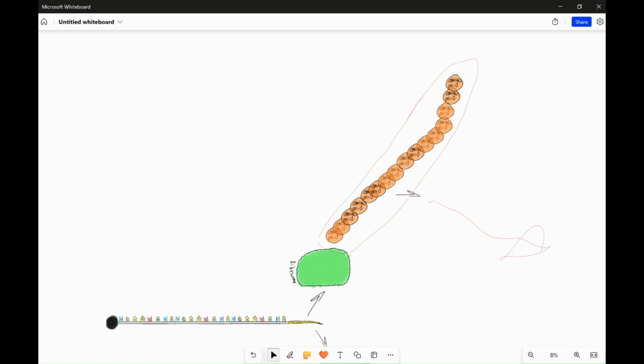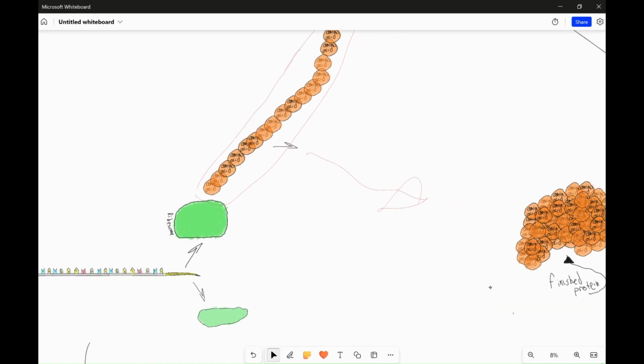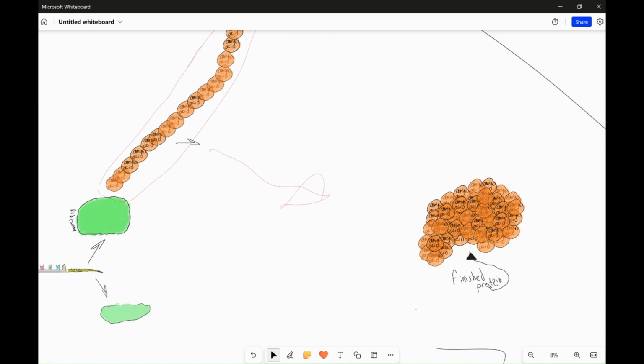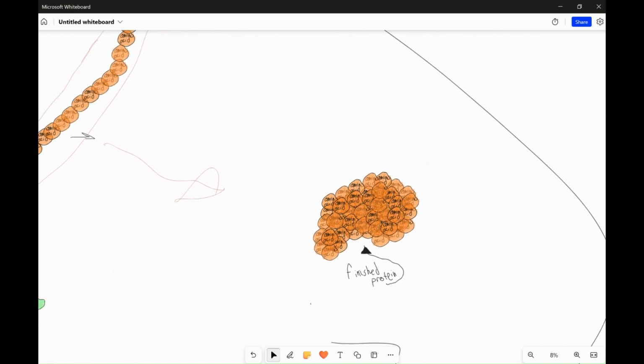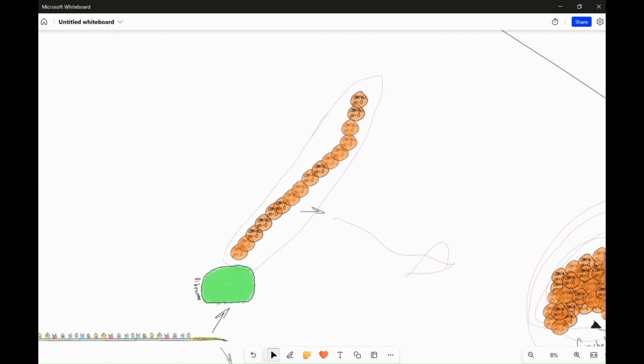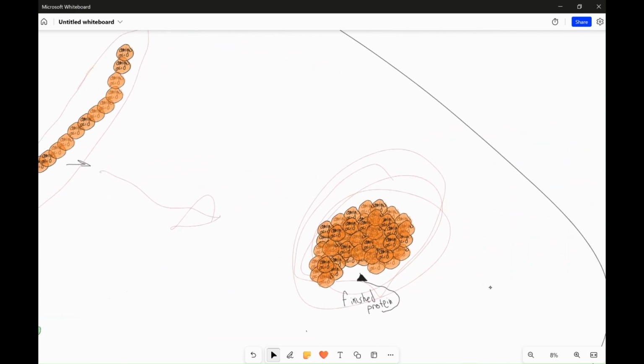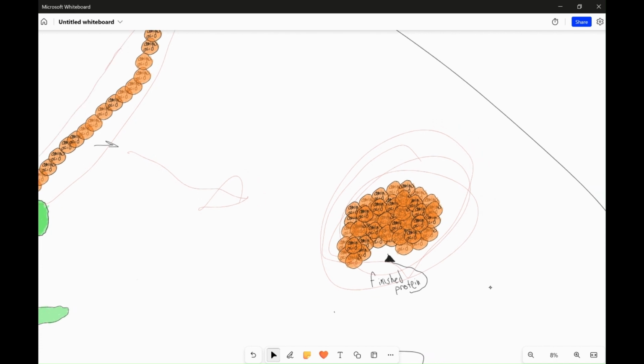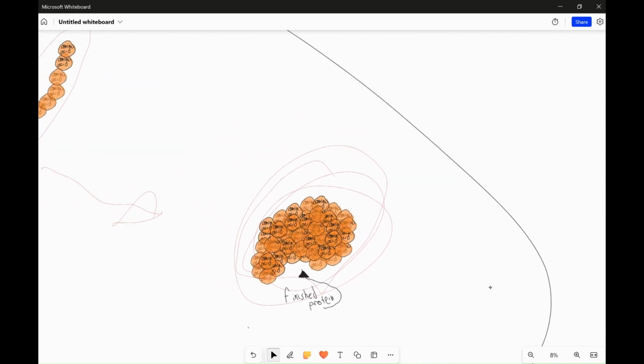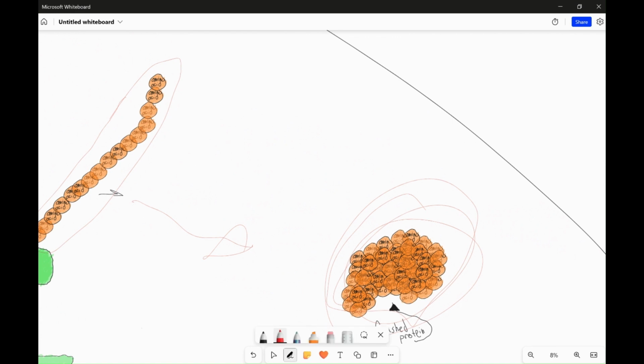The polypeptide chain is folded into this highly complex 3D shape right here, which is a protein. So this thing right over here turns into that. So that's basically translation.